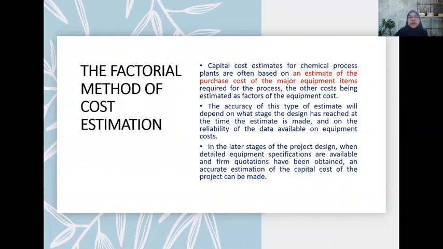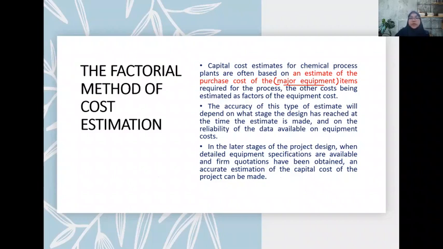For the factorial method, the capital cost estimates for the chemical process plant are often based on the estimation of the purchase cost of the major equipment, because it gives us the higher range of the total capital cost. So we may refer to the major equipment first and then use the range to determine the other additional costs, such as installation, piping, instrumentation, and so on.